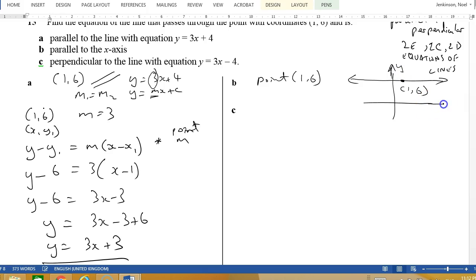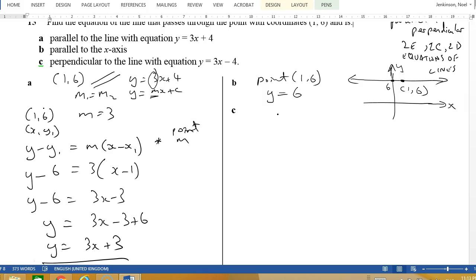There's the y-axis and there's the x-axis. So you can see it's parallel to the x-axis. So it's a horizontal line that goes through y equals 6. In fact, its equation is simply y equals 6. And it's finished. y equals 6.